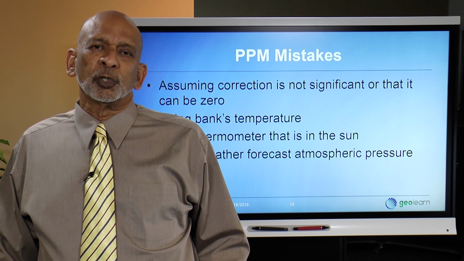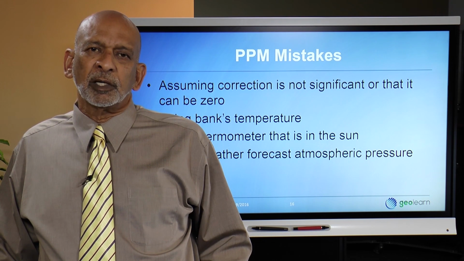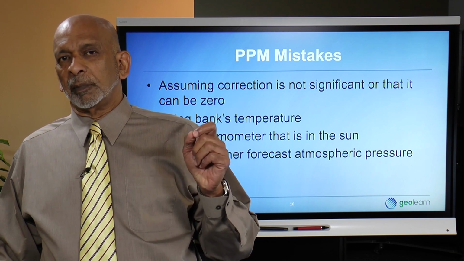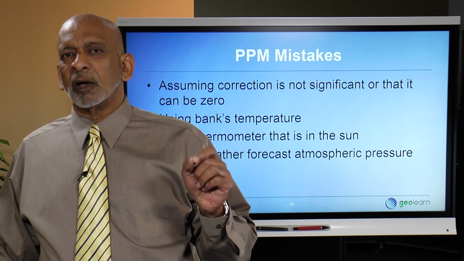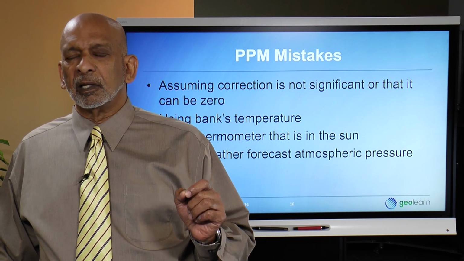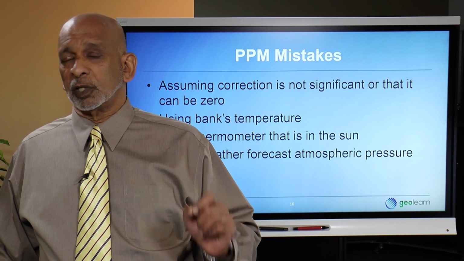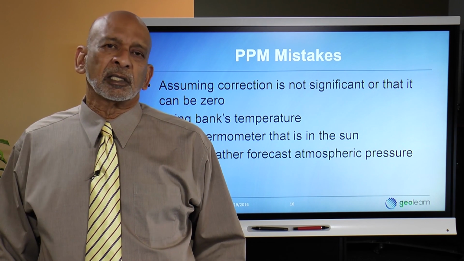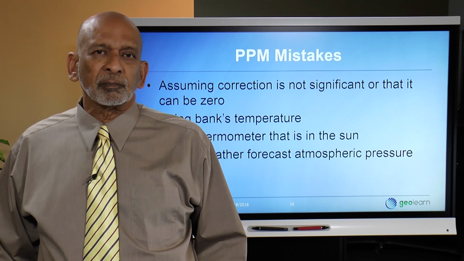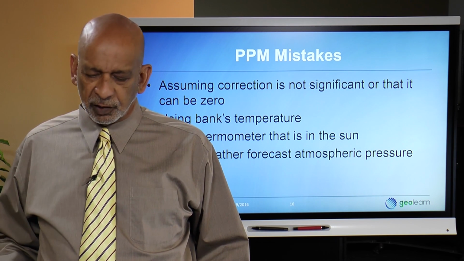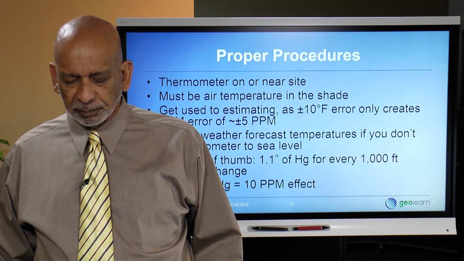And when you use barometric pressure for your measurements, you want to use the barometric pressure at ground level, not at sea level. This can induce a huge error, and often is the bigger error of the two when it comes to applying corrections for parts per million.